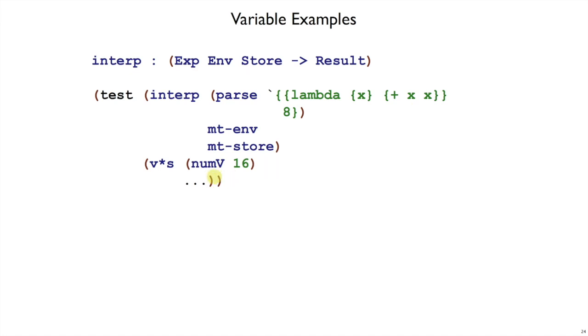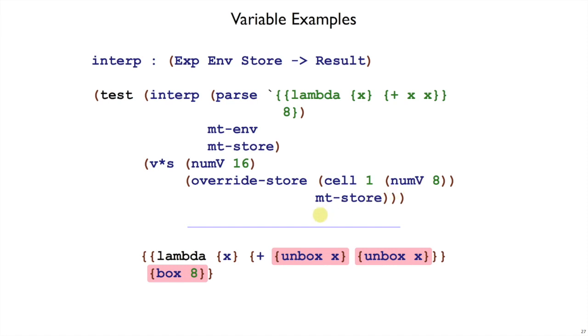But what happens to the store? Do we have any variable bindings that take place along the way? And we do. x is bound to 8. So in the process of doing the application, we will need to allocate a location for x and put 8 as the value in that location. And that's the only variable that we have in the program, so that's going to be our final store, just mapping location 1 to the value 8.